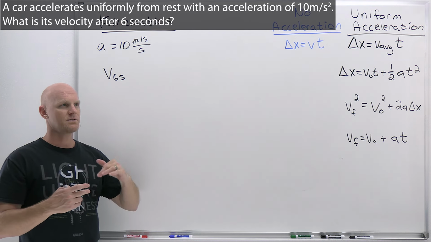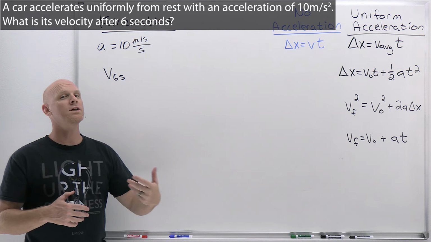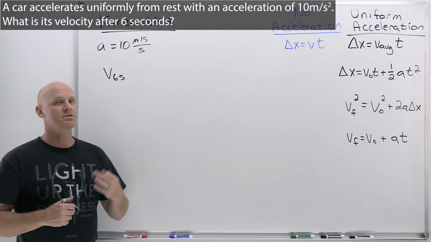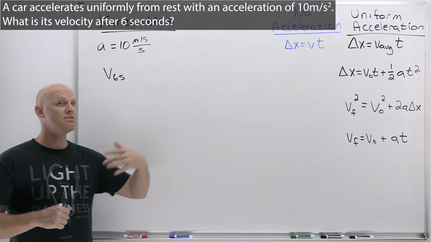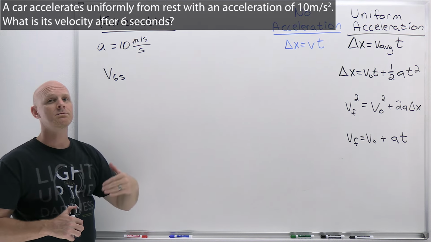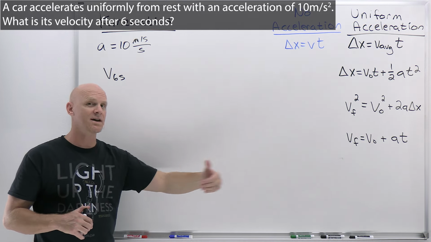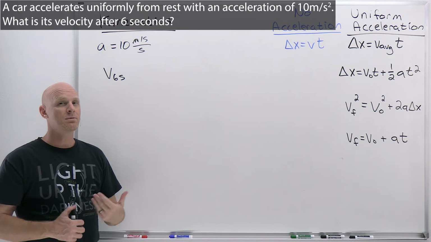After 2 seconds, there's an additional 10 meters per second for that second. Now you're up to 20 meters per second. After 3 seconds, up to 30 meters per second. After 4 seconds, up to 40 meters per second. Again, the key is that the acceleration is 10 meters per second every second. So every second you go further, the velocity goes up by 10 meters per second.